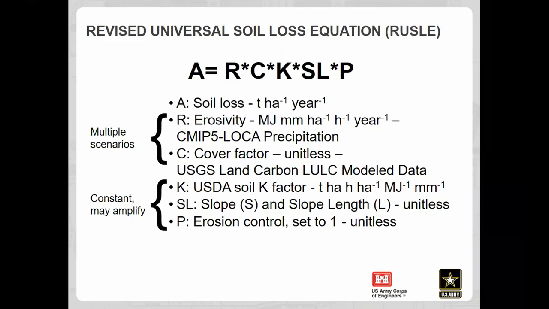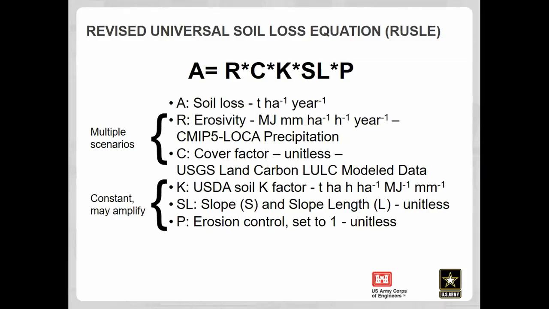And there are two moving parts of the equation, which is R, which is the erosivity. That's how much rainfall impact occurs, so that it rains hard and it dislodges dirt and moves that dirt along. So there's a precipitation component, and it's weighted towards the heaviest precipitation events. We also have a land cover factor. So this is how much cover is there to mitigate rain erosion, to intercept that precipitation and allow it to trickle in and infiltrate.